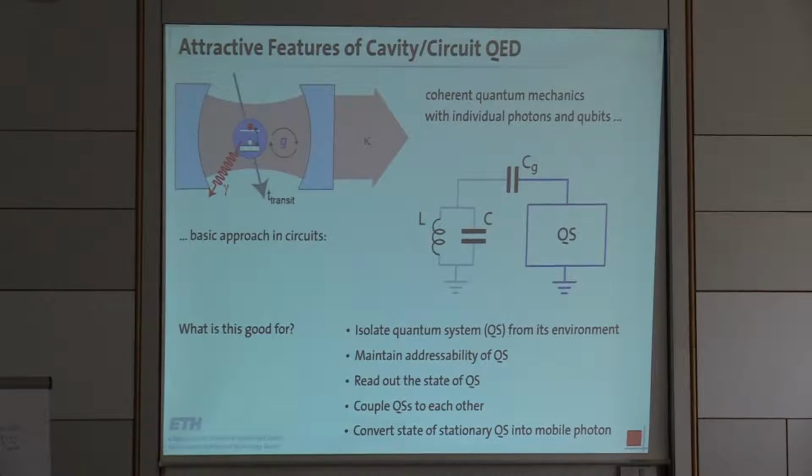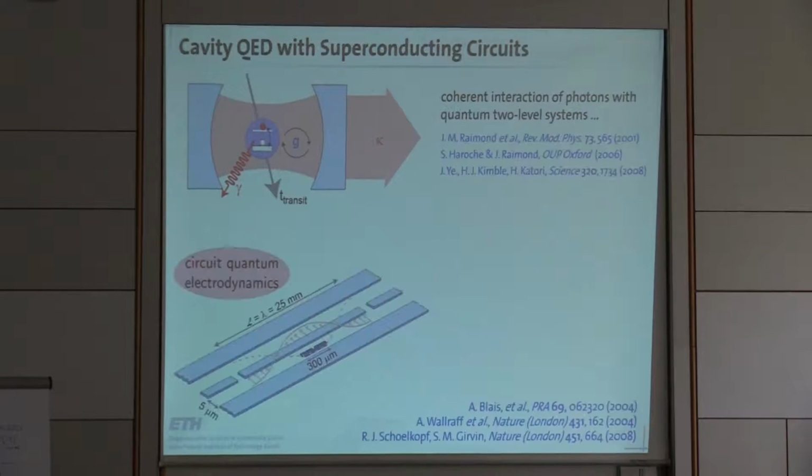What straightforward means is maybe a matter of taste, but you can use micro and nano fabrication techniques to integrate these two parts on a chip and do an experiment, which probably in the end is a bit easier than having atoms fly through mirrors in a complicated vacuum apparatus, but it's probably a matter of taste. But I think the fact that you can easily work with these has led to quite a success of doing cavity QED with superconducting circuits.